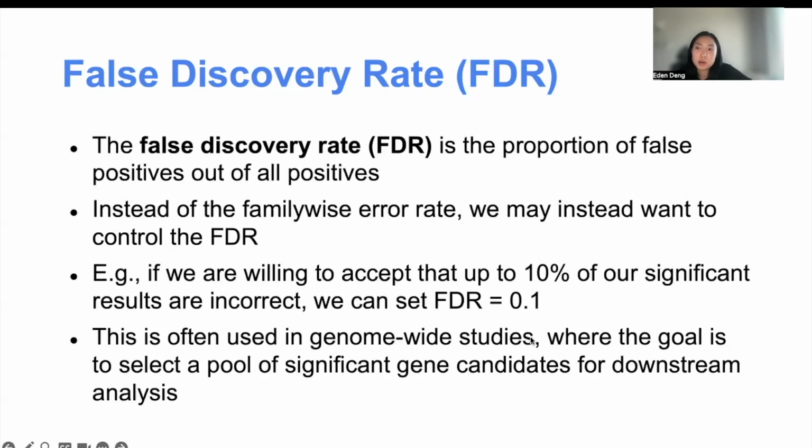But if I were to say, actually 10% of all of the genes I tested are false positives, then you might not have a very strong degree of trust in these gene candidates that I'm presenting to you. So the false discovery rate and the alpha level are two different concepts.